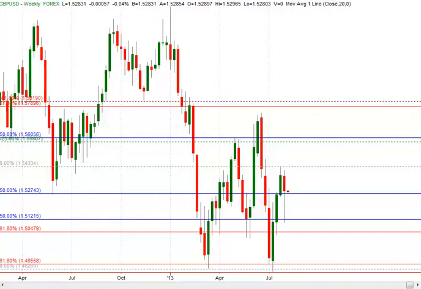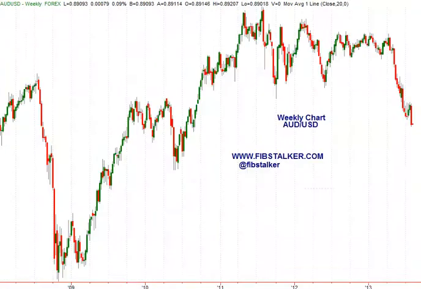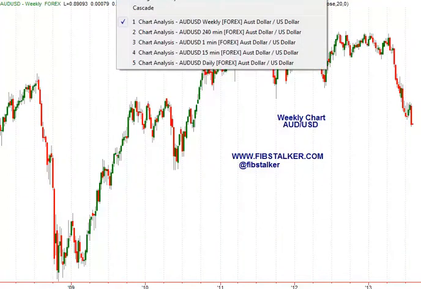Moving to the Australian dollar versus the US dollar.